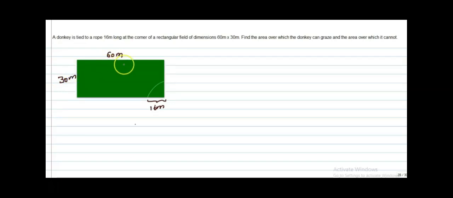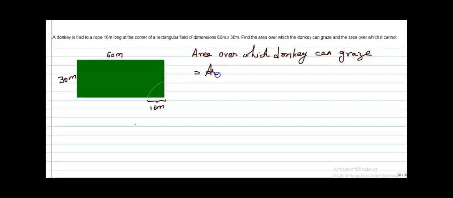Now, the area over which the donkey can graze is nothing but the area of the quadrant of radius 16 meters.